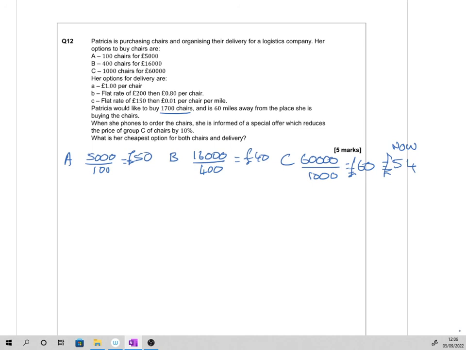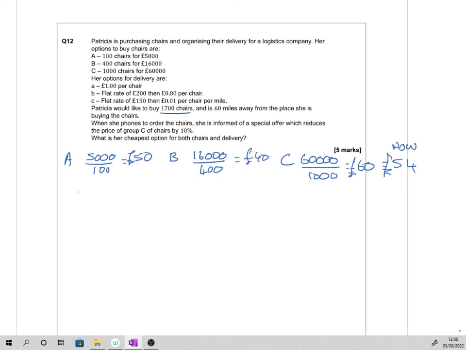Right, what's the cheapest option for both chairs and delivery? Now the cheapest way to get chairs, how many do you want? 1,700 chairs. I think B is better. So we can get 400 chairs.